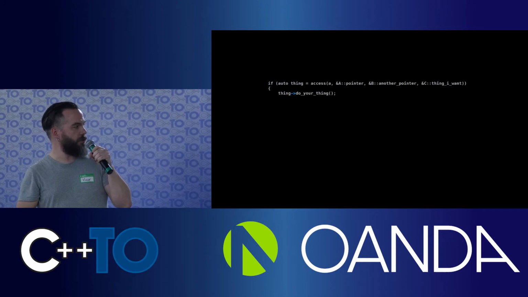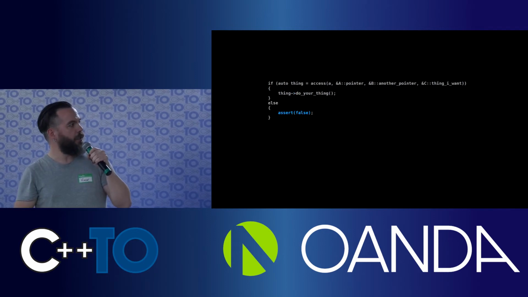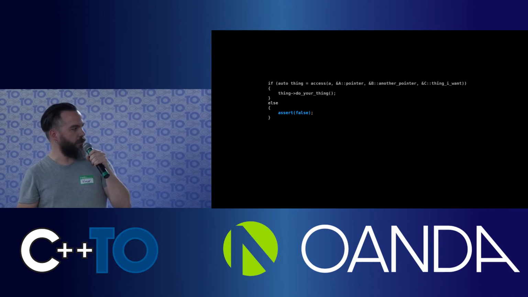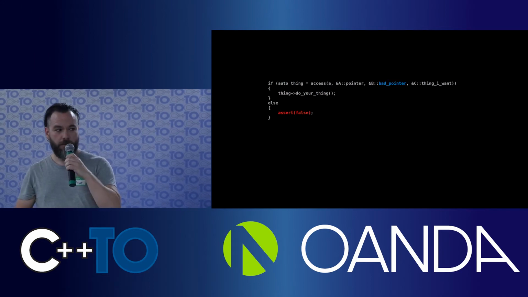So you can test it, and then all three of those, pointers and std optionals, you just do your pointer semantics on them. And in this case, if something goes wrong, we just do an assert at the end. So if we change another pointer to a bad pointer, we just fail and the assertion hits. So, yay, that's great.